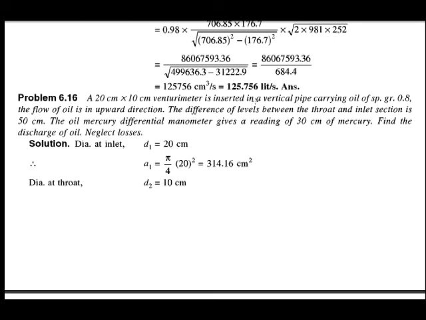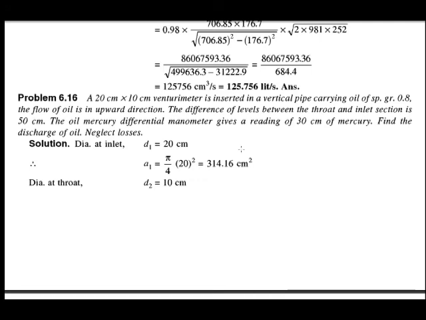The difference of levels between the throat and the inlet section is 15 cm. The oil mercury differential manometer gives a reading of 30 cm of mercury. Find the discharge of the oil.